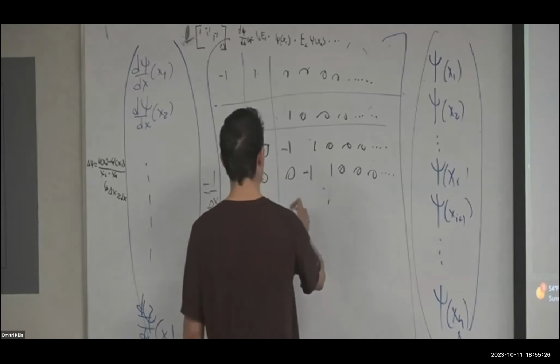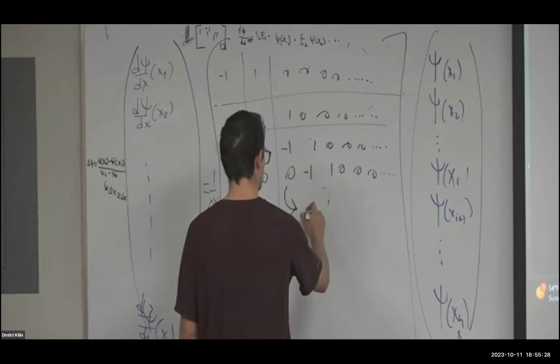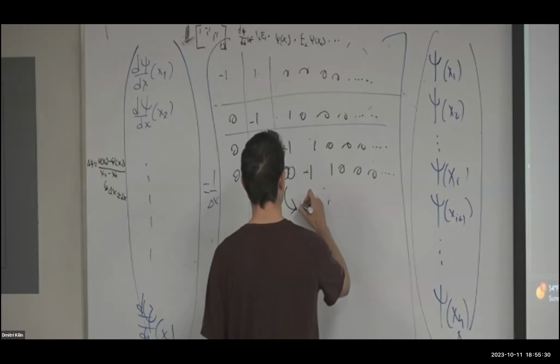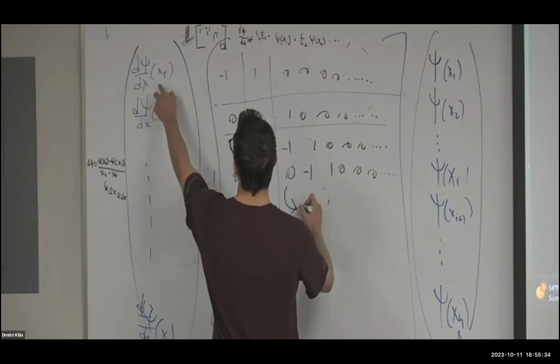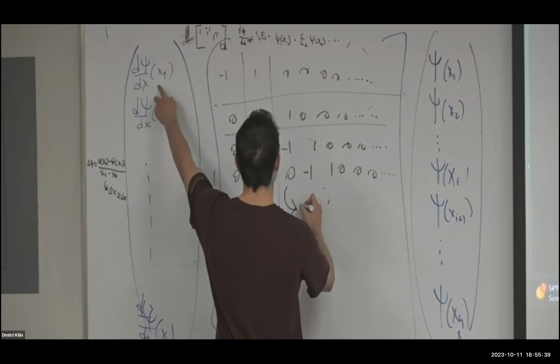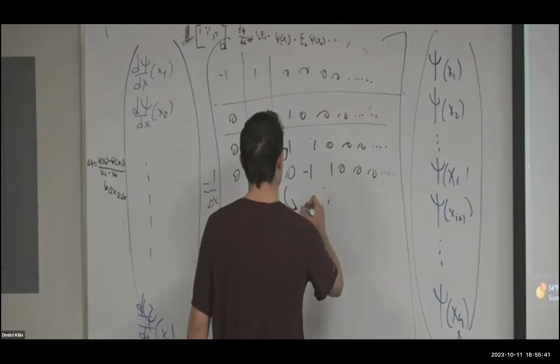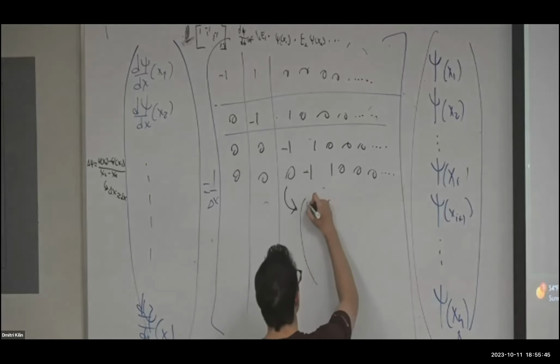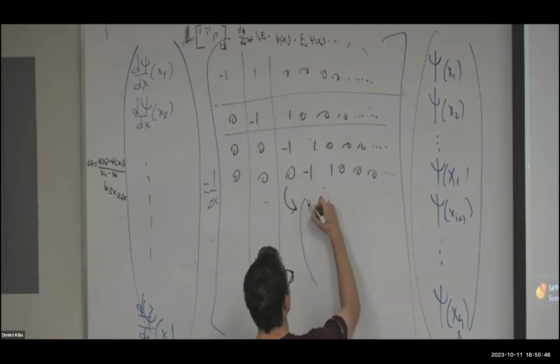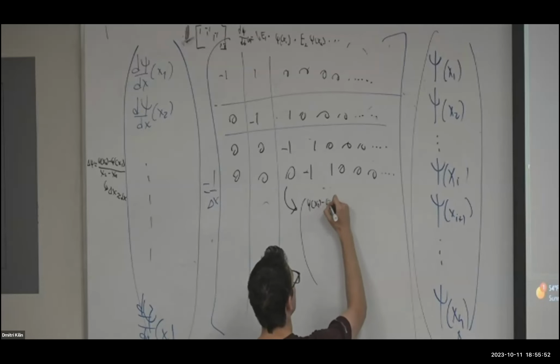The result of this matrix is expressing each element in that vector as psi of x2 minus psi of x1 over delta x.